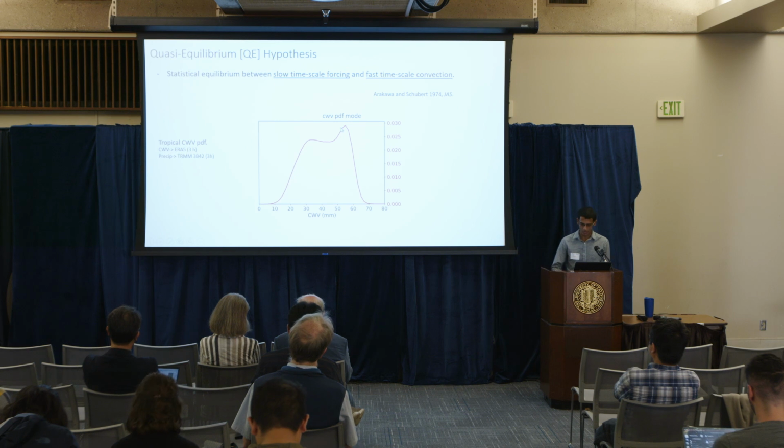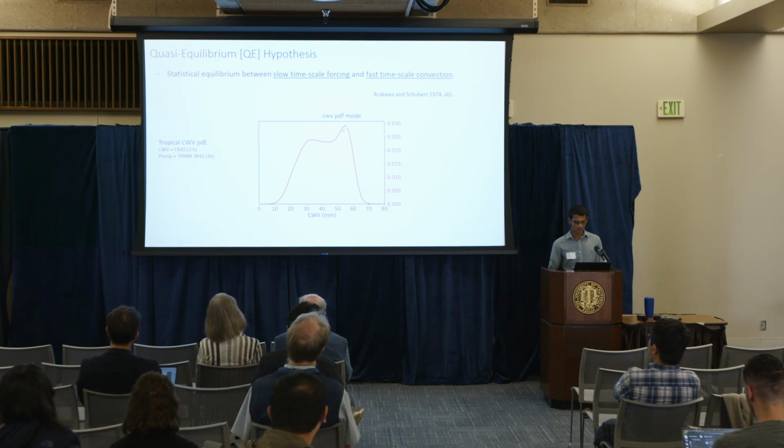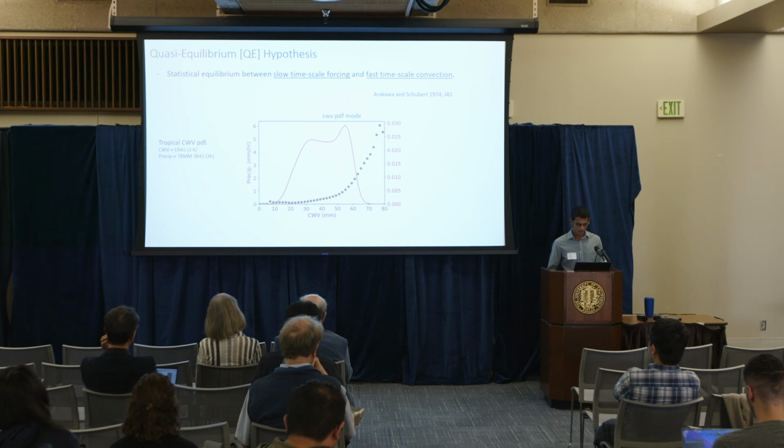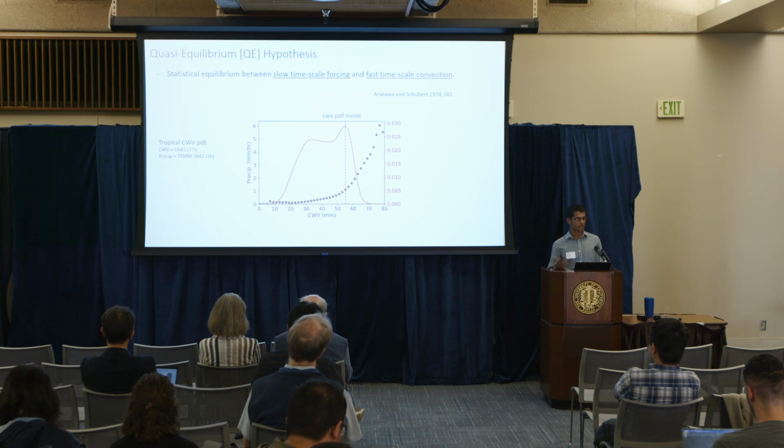In red here is a PDF of column water vapor. You can see the PDF has a mode, so it has a preferred state. On top of this, I overlay the precipitation conditionally averaged by column water vapor. You see not a lot of precipitation for dry values and strong precipitation as you go into the moist state. Examining this relationship in the context of the mode, you can argue that if the water vapor values are below the mode, you're essentially not precipitating in a statistical sense.